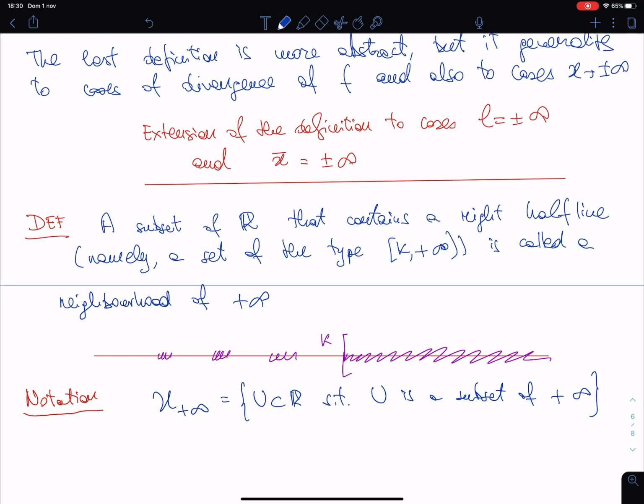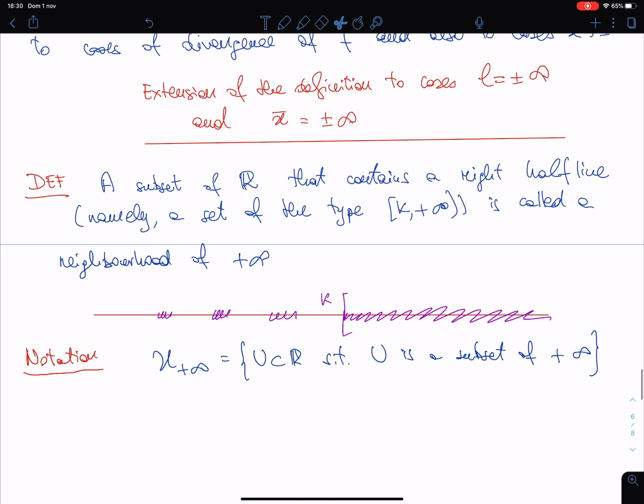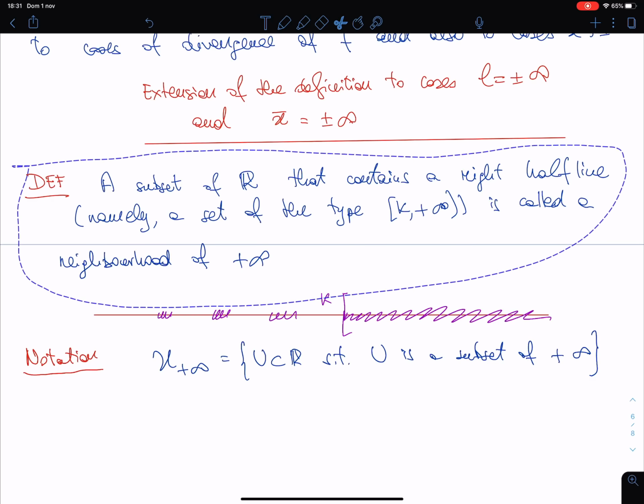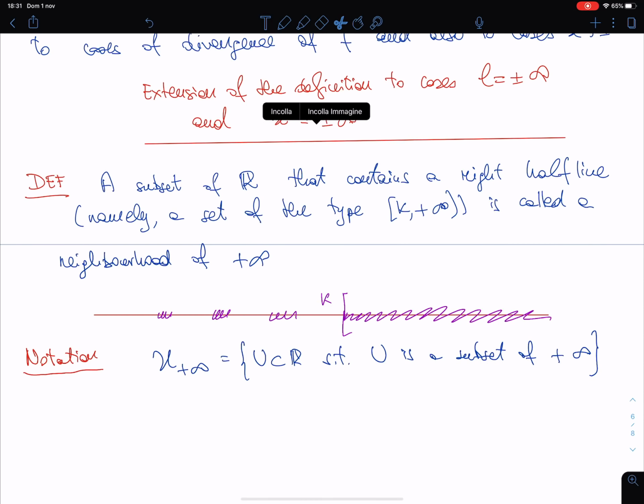This is one definition. Another definition is the following, the symmetric one for minus infinity.